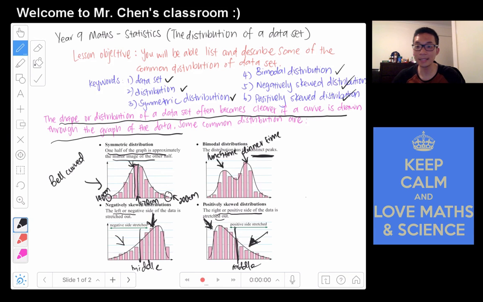So it can be a bit confusing. Just have to remember, negatively skewed means the left hand side, the negative side, has been stretched out. Positively skewed means the positive side from the middle, which is the right hand side, has been stretched out. Okay.